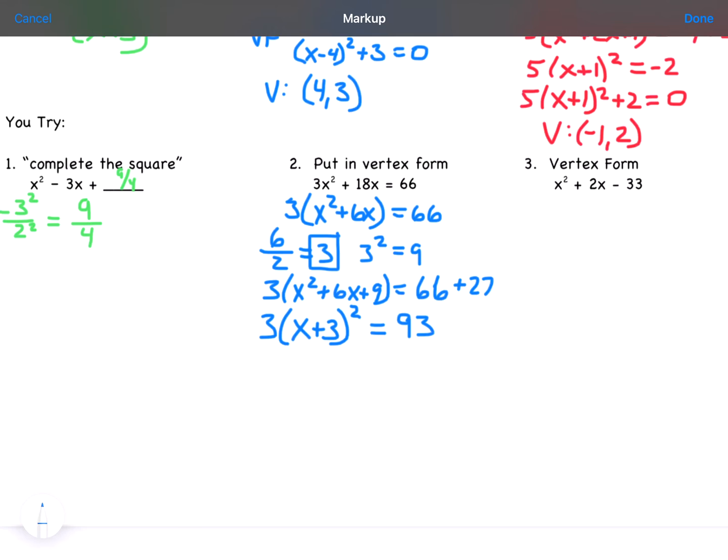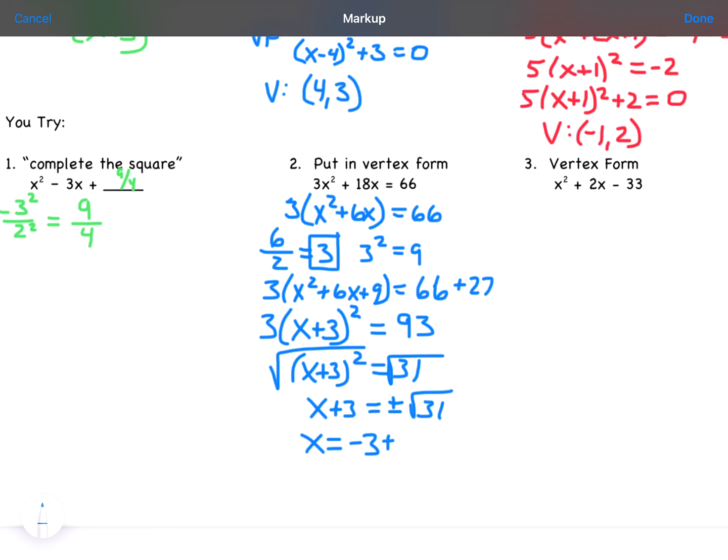So I'll actually solve it here. So if we did it that way, that would be x plus 3 squared equals 93 divided by 3, which is 31. And then when we take the square root, we would get x plus 3 equals plus or minus the square root of 31. I would take that 3 over, so it would be negative 3 plus or minus the square root of 31.